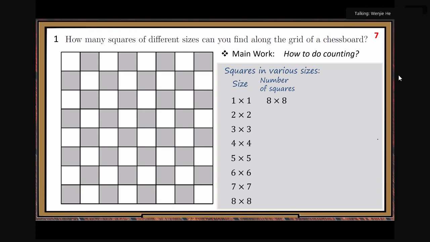So here, let me use a way that can help us keep track of the data. If you use the right way, then you can do better. You won't get lost. Okay?